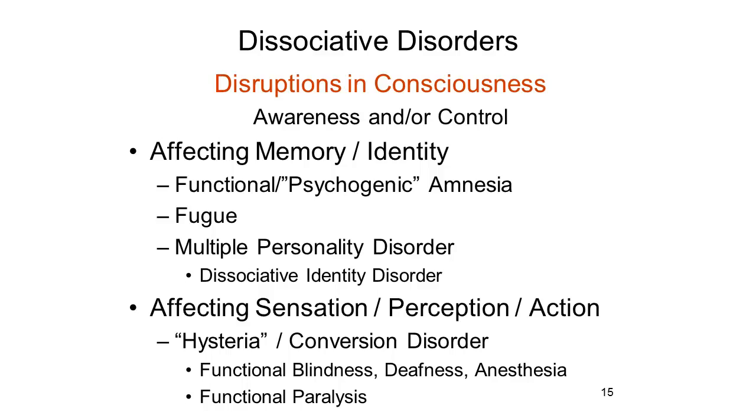In functional blindness, the patient can't see, doesn't have the conscious experience of seeing, although the visual system, from a strictly physiological point of view, is completely intact. Same thing goes with functional deafness. The person doesn't have the conscious experience of hearing, but the auditory system is intact.